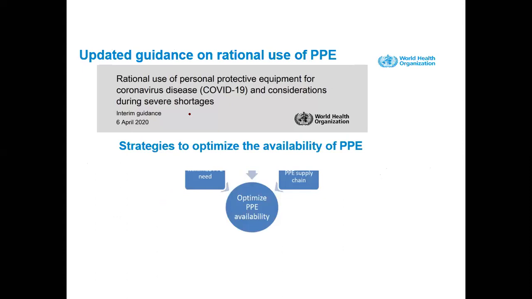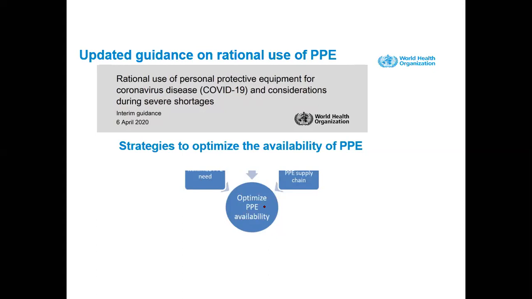Okay, عندنا استخدام ال PPE, one of the important and essential strategies في ال prevention control of COVID. أول حاجة, we have to define our needs or to estimate our needs, either monthly based or weekly based. We have to determine PPE supply chain, نشوف المورد المناسب, and optimize PPE availability.